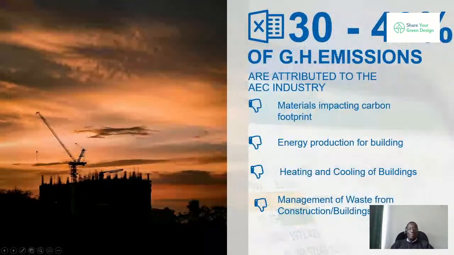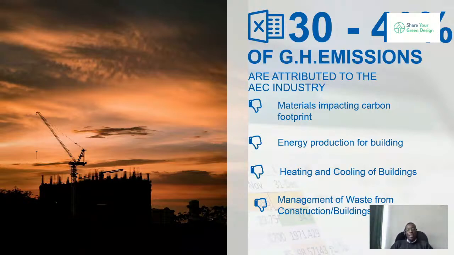And definitely, even from what we have researched and what we have seen, about 30 to 40% of all greenhouse emissions are attributed to the architecture, engineering, and construction industry. This is because the choice of materials that we use in all construction processes impacts the carbon footprint of your specific project.